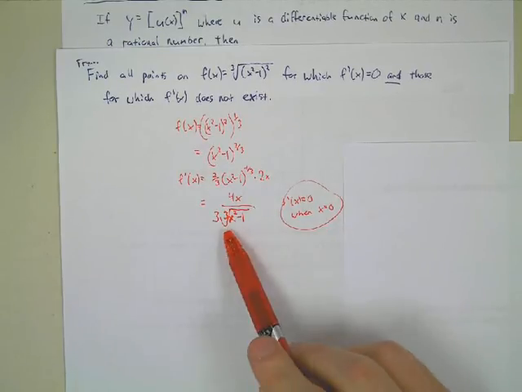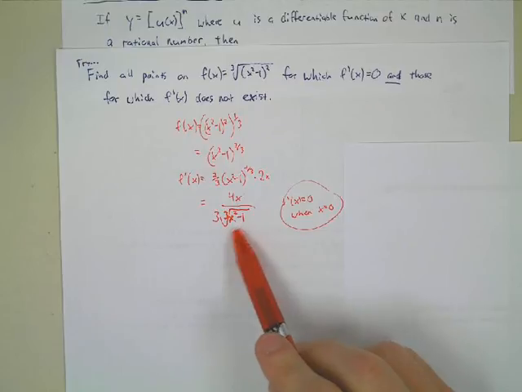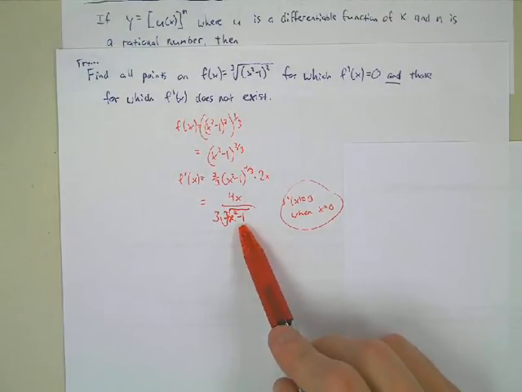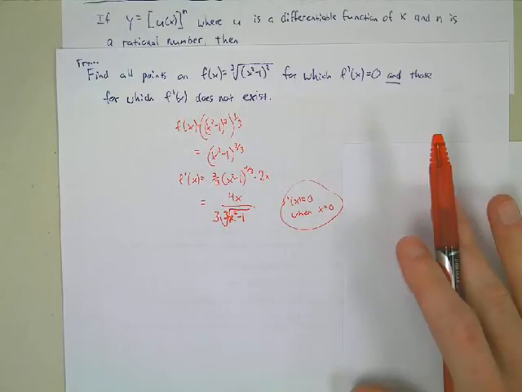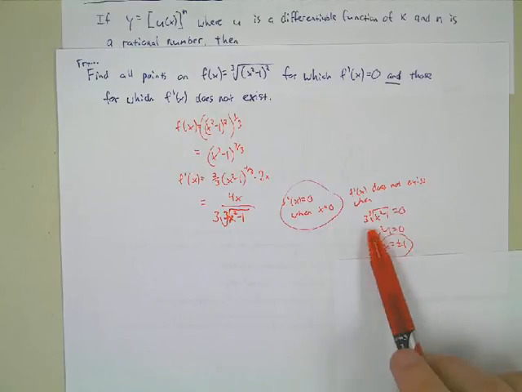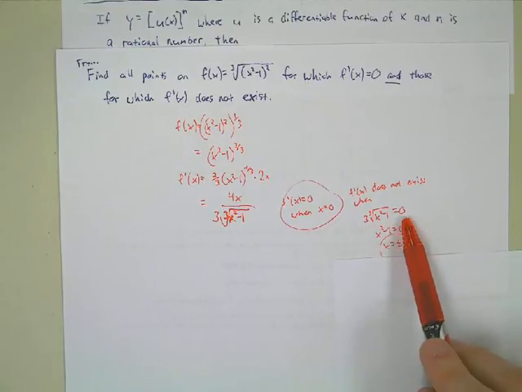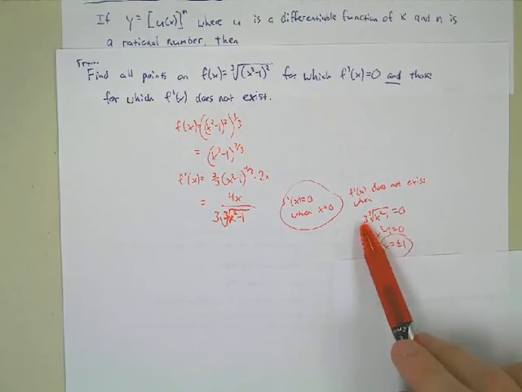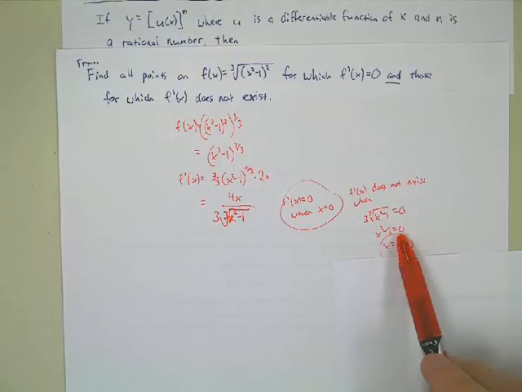We want to know when the denominator is going to be equal to what? 0. If the denominator equals 0, then we could be undefined, which would not be good. So let's see here. The denominator equals 0, so I set the denominator there equal to 0. I divided both sides by 3 and cubed both sides, so I ended with x squared minus 1 equals 0. Added 1, took the square root, so x is plus or minus 1. So there's where f prime does not exist.